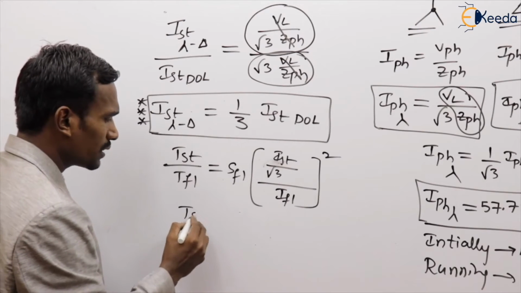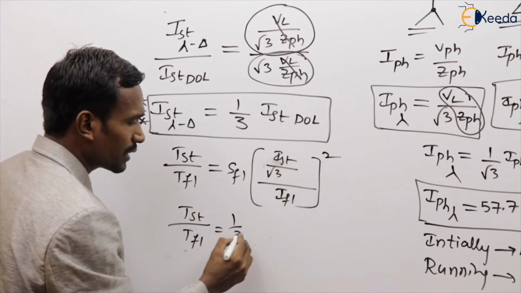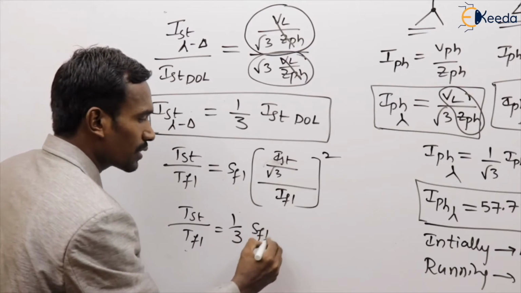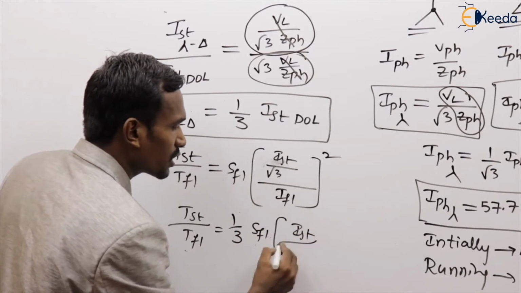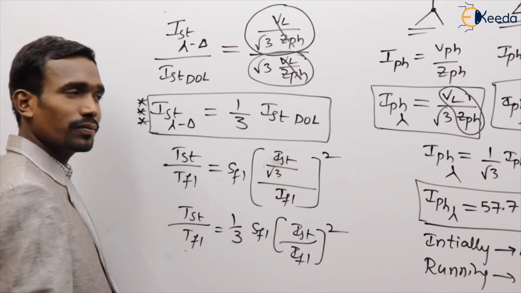Now tell me, what is the answer? The starting torque to the full load torque is equal to 1 by root 3 square, 1 by 3 into slip at full load into IST by I full load whole square.